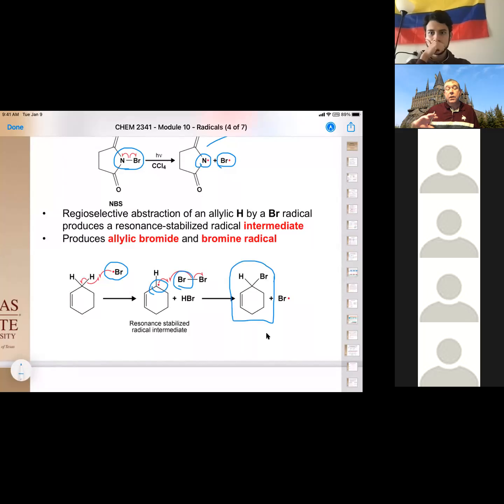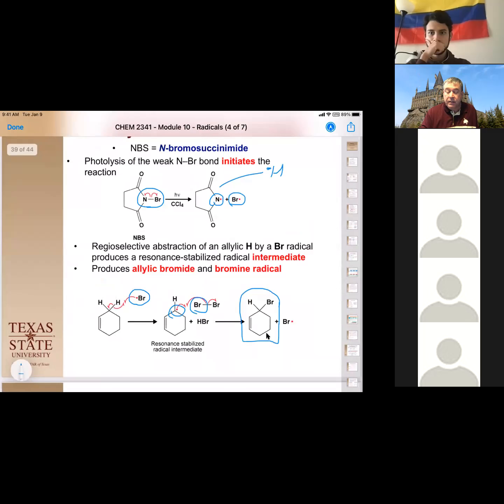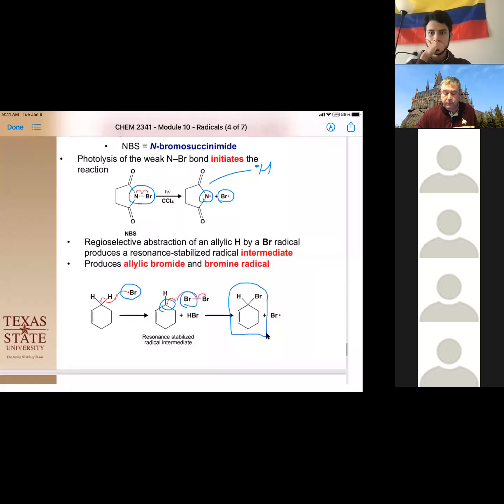Okay, so we can do it two ways. Do a really nonpolar solvent, do a very small concentration of bromine, or use NBS. And so the preferred method is to use NBS. The only drawback with NBS is it's not very soluble in nonpolar solvents. Okay.